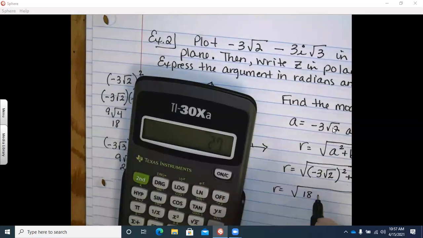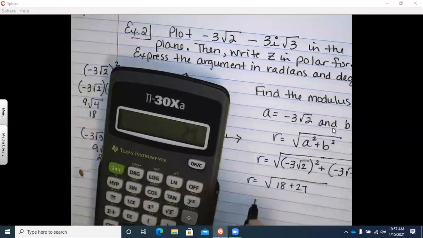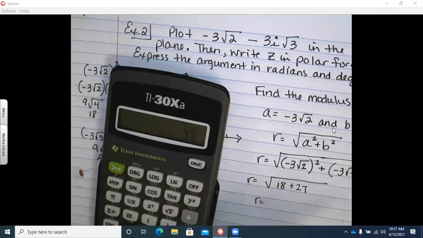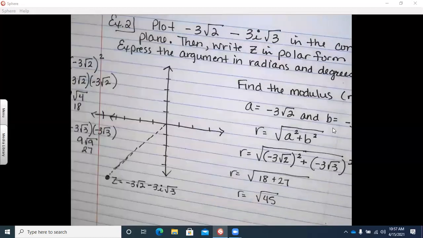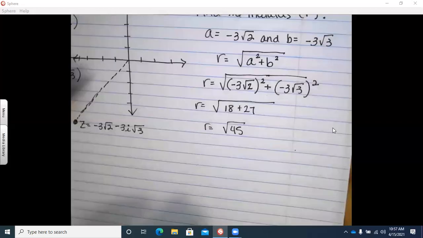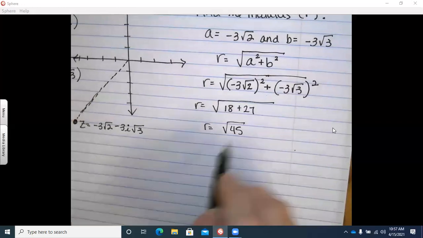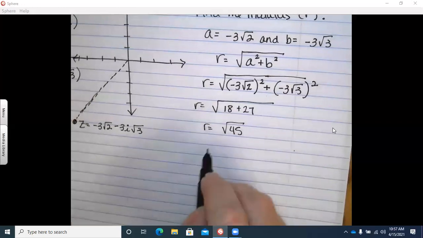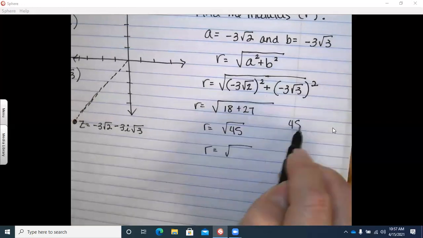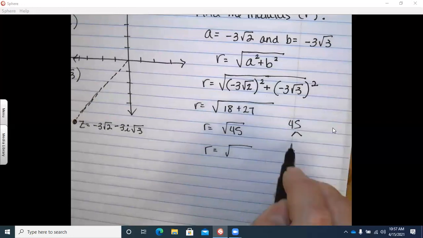So now we have 18 plus 27 is 45. Is 45 a perfect square? No. Does 45 have a perfect square factor, where we could simplify this? Yeah. What factor, if we're not sure? Let's see, 45 is 5 times 9, 5's prime, 9 is 3 times 3.